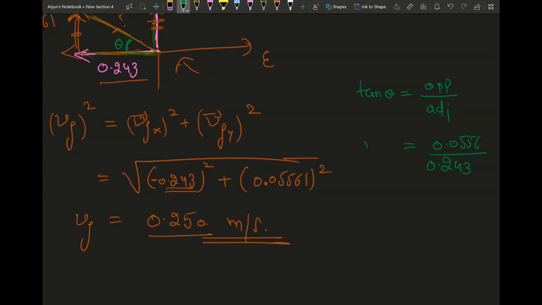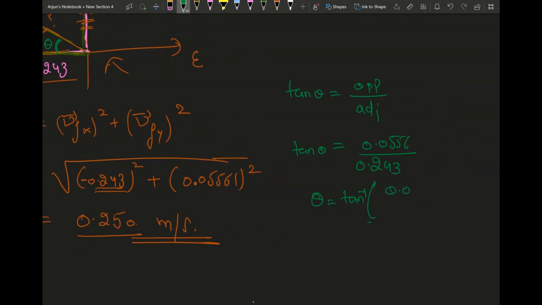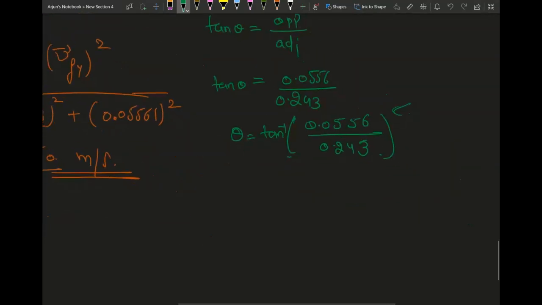This is tangent theta. So theta value will be equal to tangent inverse 0.0556 divided by 0.243. Again, once you're going to plug this value in calculator, make sure you're plugging them correctly. Otherwise, your answer can be wrong if you are not using the brackets properly. So theta angle will come out to be approximately 12.9 degrees.